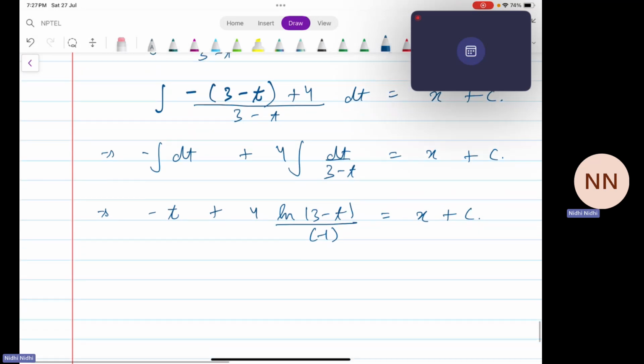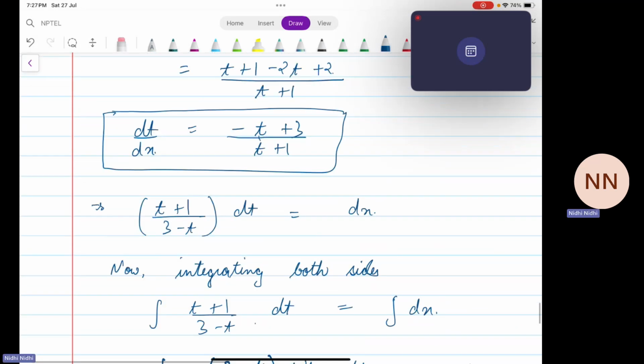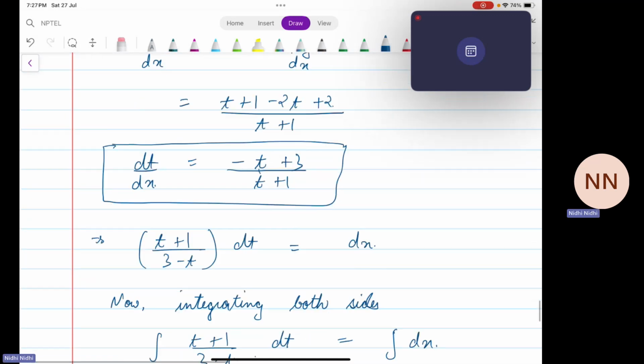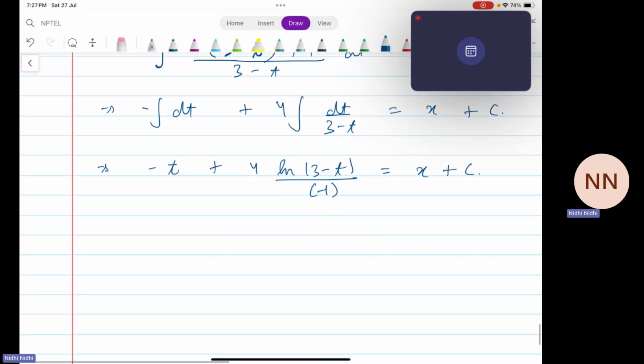This gives us, now we can replace the value of t. What was t? t was x plus 2y. Putting the value of t, x plus 2y, in the final solution, we get minus x minus 2y minus 4 ln |3 minus x plus 2y| is equal to x plus c.